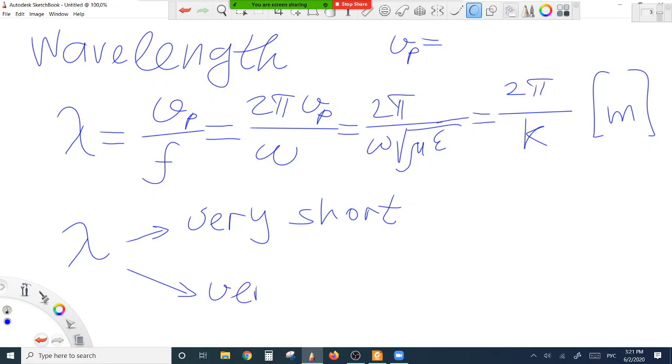Wavelengths of electromagnetic waves can also be very long. So these are radio waves, etc.